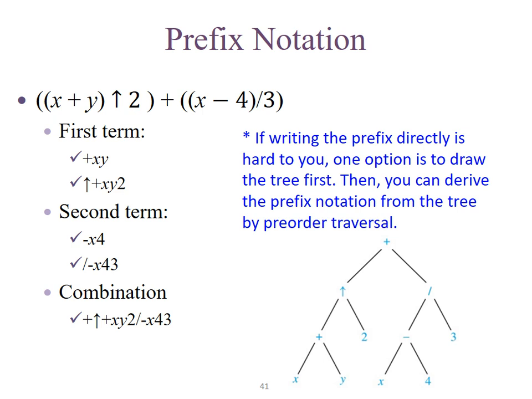Then you have + ↑ + x y 2 / − x 4 3. So that will make this question easier. If you cannot convert directly to the answer, then you can transform to the tree and then apply pre-order traversal to create the prefix notation.